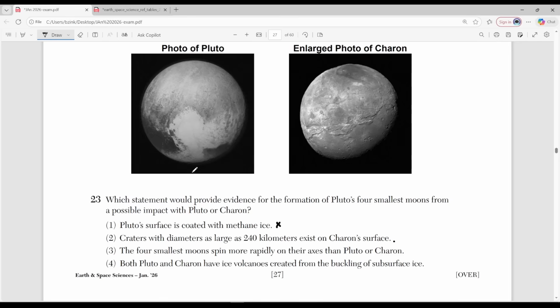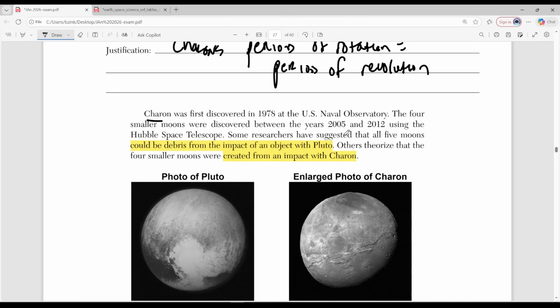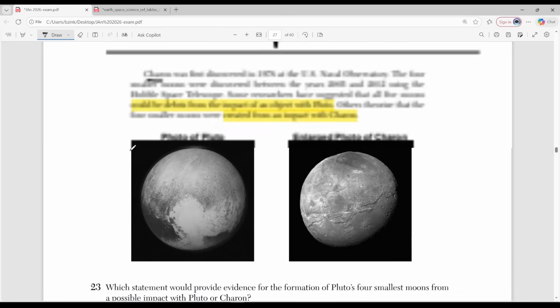The 4 smaller moons spin more rapidly. That doesn't matter. Both Pluto and Charon have ice volcanoes created from the buckling of subsurface ice. Some researchers have suggested that all 5 moons could be debris from the impact of an object with Pluto, but the 4 smaller moons were created from an impact with Charon.